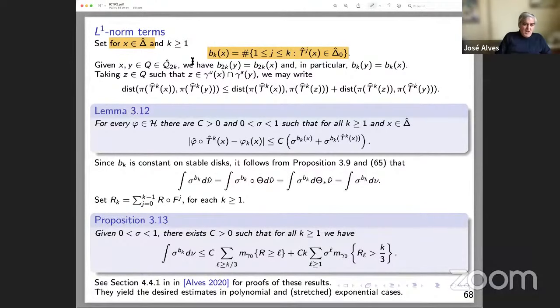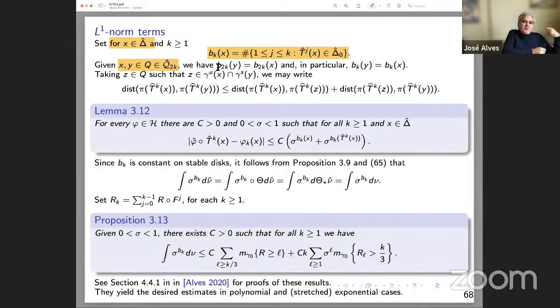Well, see that if we take any 2 points in an element of the 2k refinement of the dynamical partition, then by definition the points have the same itineraries up to 2k. After 2k, we don't know.